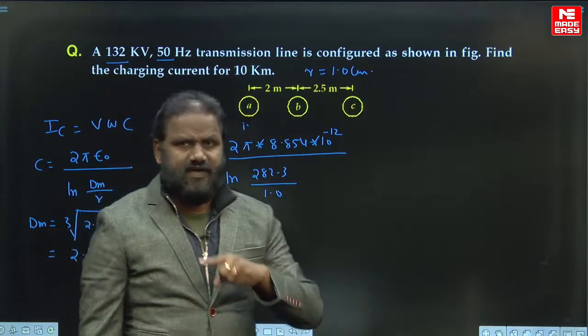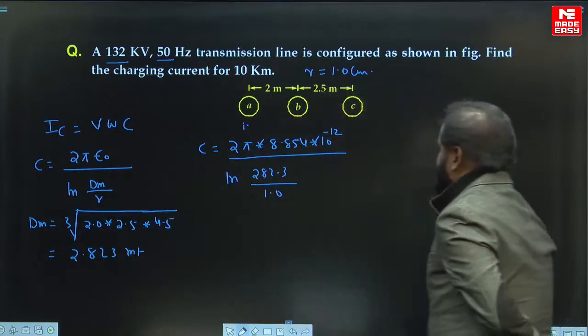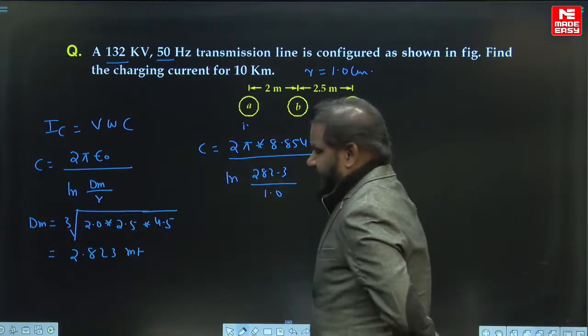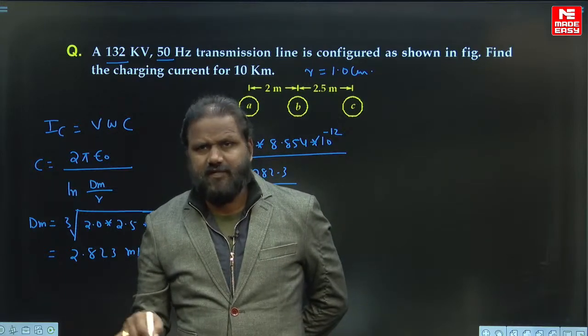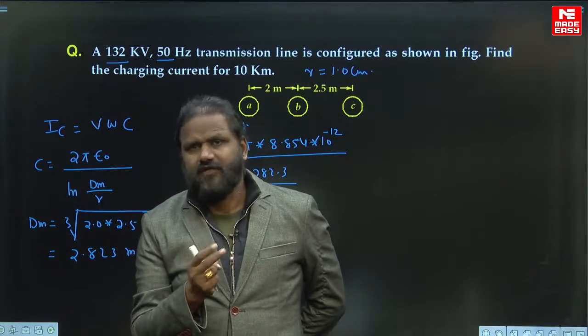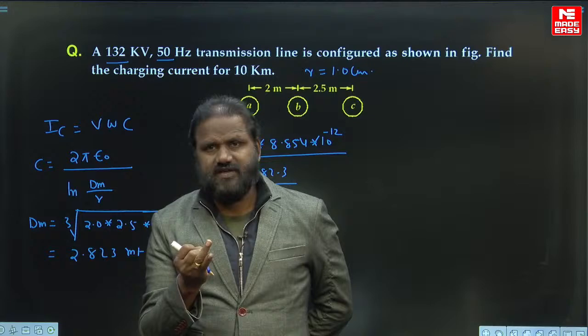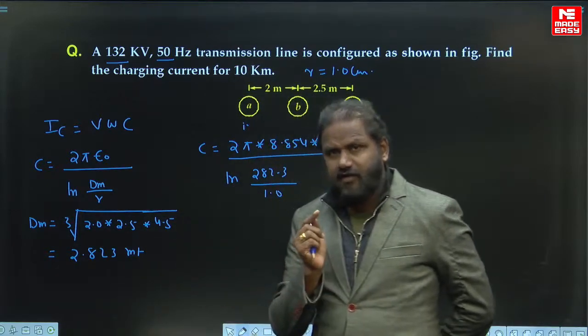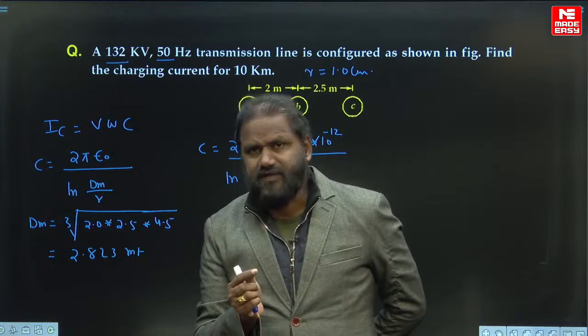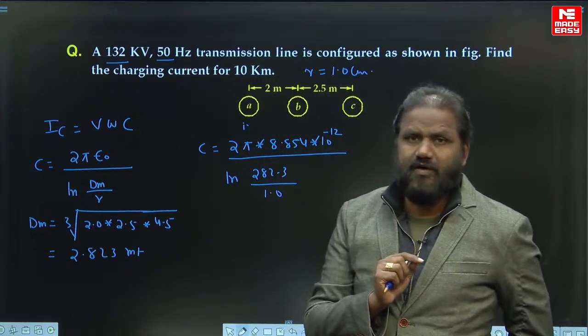The reason is that, see, in the inductance formula, L equal to 2 into 10 to the power minus 7 into mu r by 4 plus ln d by r, you have written two parts: internal flux linkages and external flux linkages. Likewise, when calculating the capacitance, you have taken only one part. The reason is that the potential inside the conductor is equal to 0.